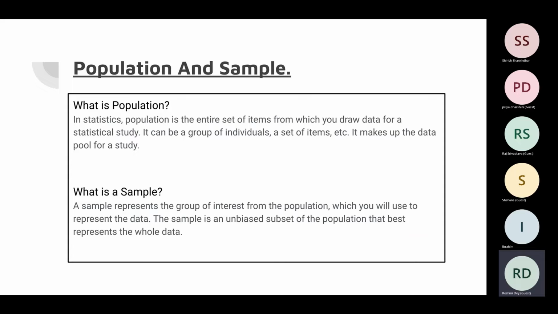When we have a large population, it is very hard for us to perform tests on the entire data set. So we use a sample. We derive a sample from the population and we perform tests or surveys on them, and accordingly we find out our results.